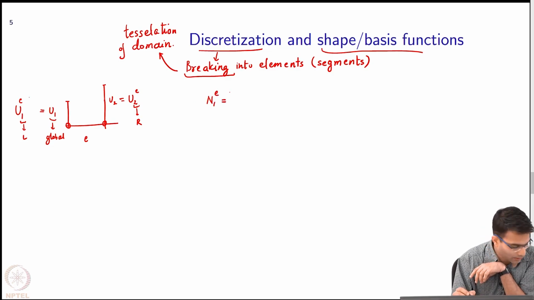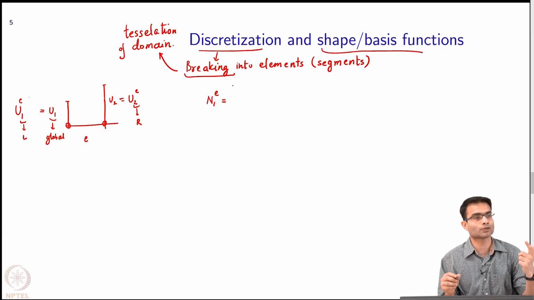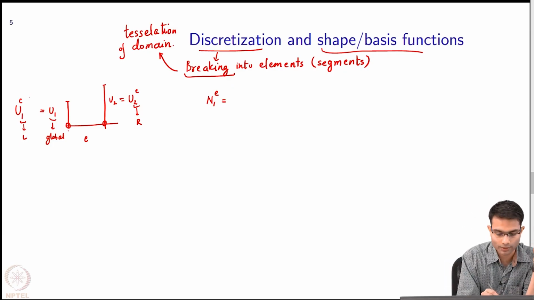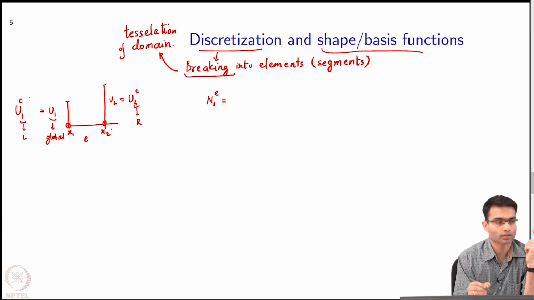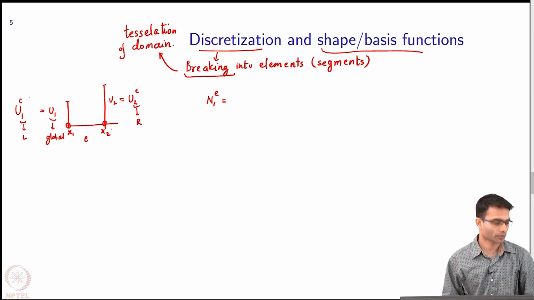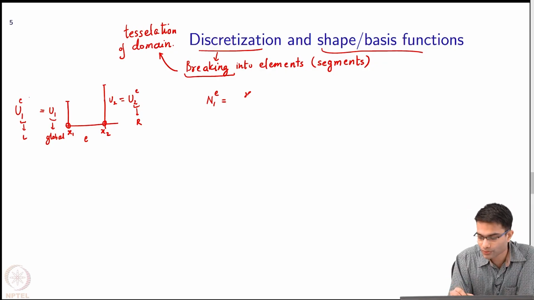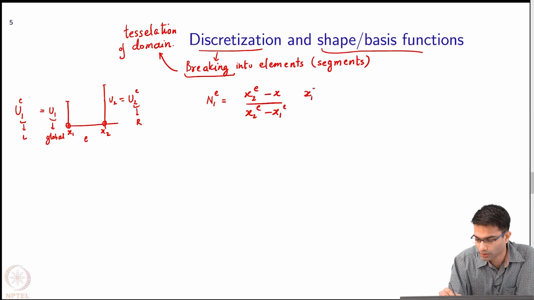Okay. So with this together, we have already discussed the basis functions. N1E is going to be 1 at x1 and 0 at x2, right. So what was the form of this? So x2E minus x, over x2E minus x1E, right, for x1E less than x.